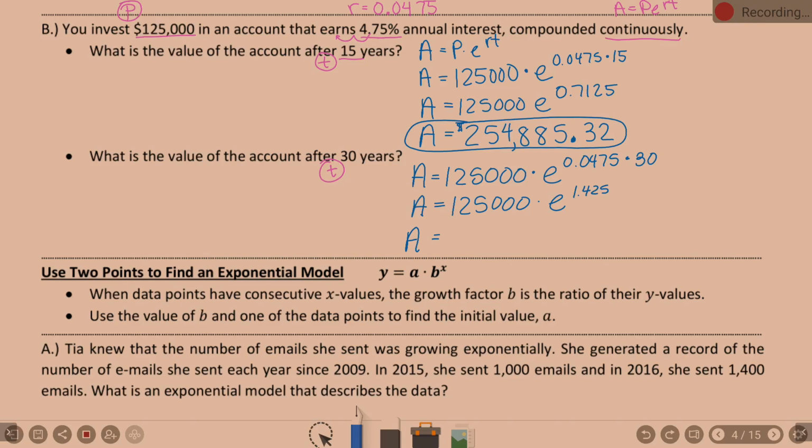Does your big answer match my big answer? 519,732 and 23 cents. There we go. Oh, I said the number right. You're gonna be thankful.